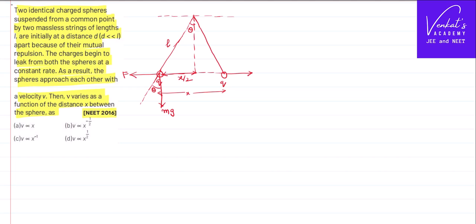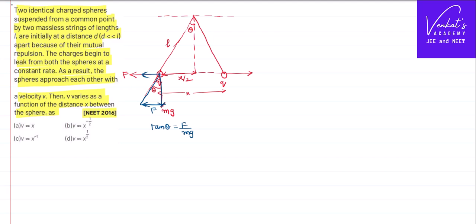Let me draw with another color. So this mg will be one side, this F becomes parallel to this, and this is the right angle triangle. So there I can write tan theta is, opposite side, this F by mg, right?